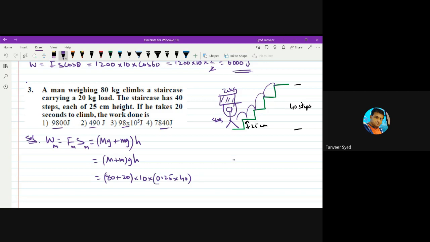This is the total height to which he is climbing. So this is 100 into 10 into 10, which is 10,000 joule. If you take g as 9.8, you'll get 9,800 joule.